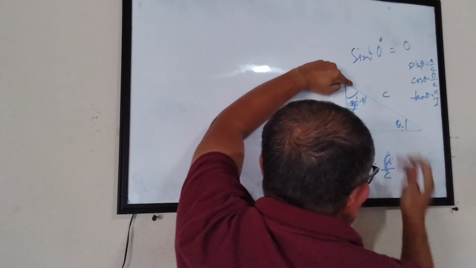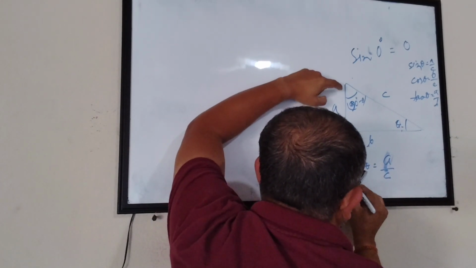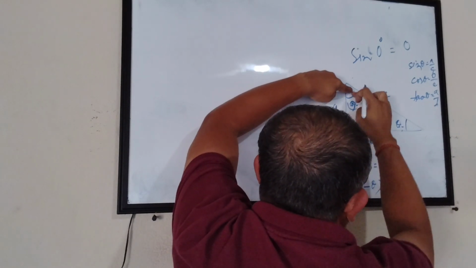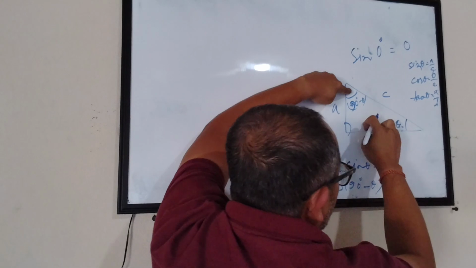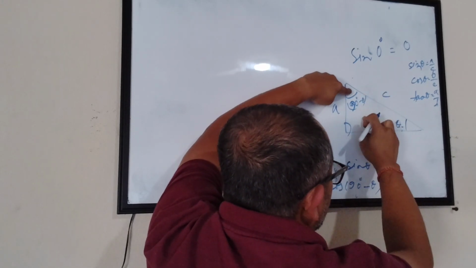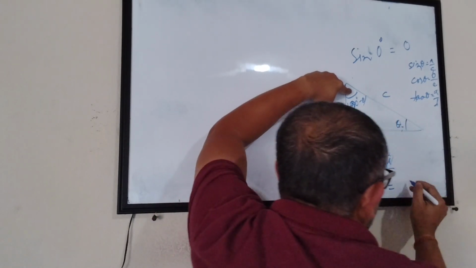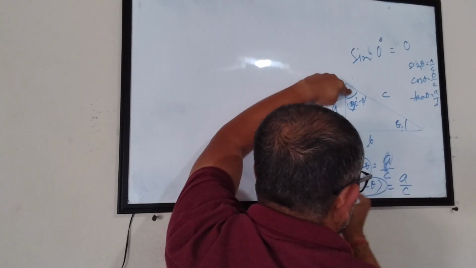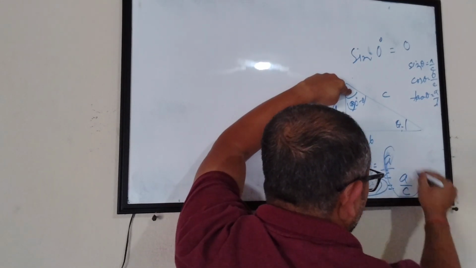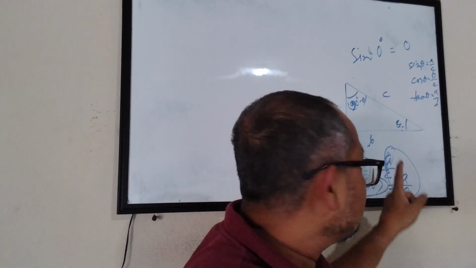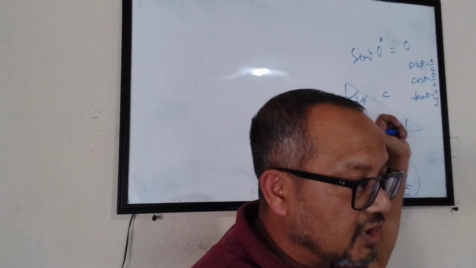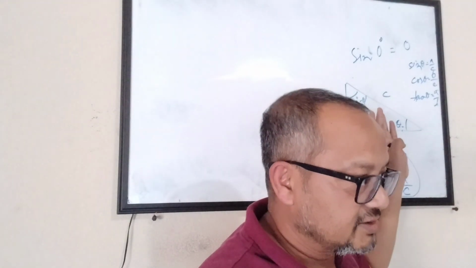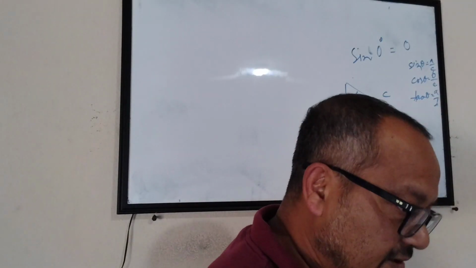If I take this as the angle, cos of 90 degrees minus theta, cos of any angle equals the base divided by hypotenuse. That becomes A by C. So you see, sin theta is equal to cos of 90 minus theta, and both have the same value. That's why it is said that sin theta is equal to the cos of the complementary angle.